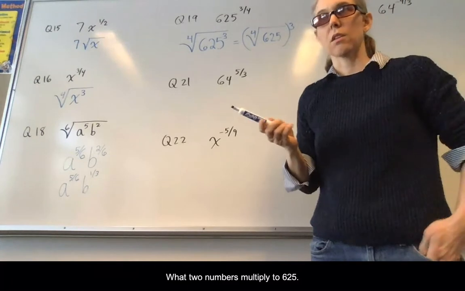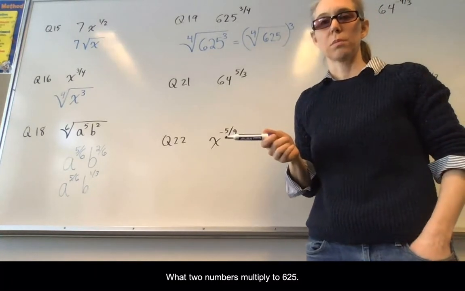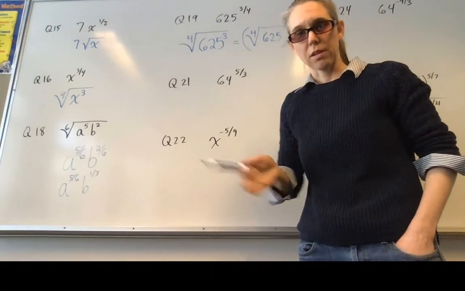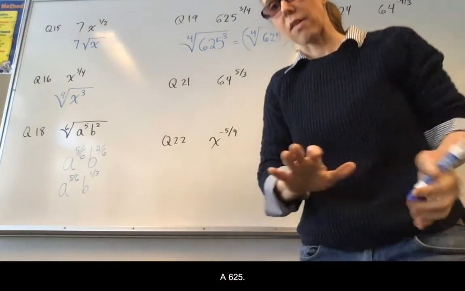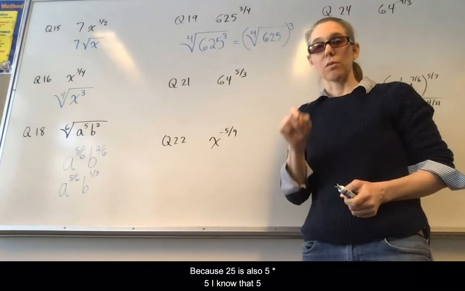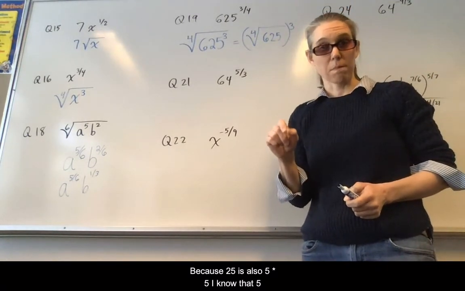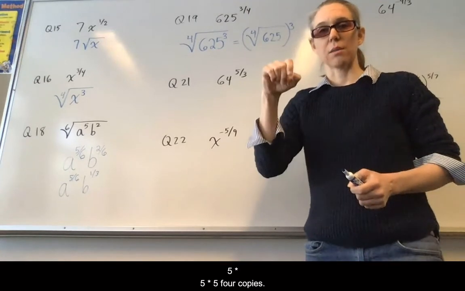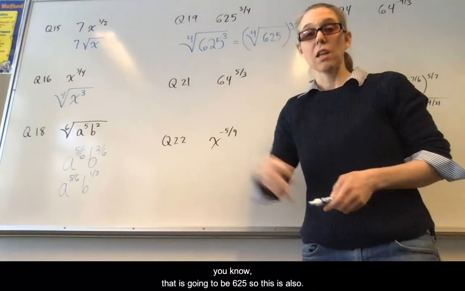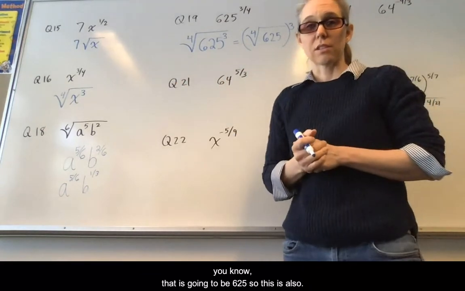So think, though, what two numbers multiply to 625? 25 times 25 is 625. If you didn't know that, that's okay. But because 25 is also 5 times 5, I know that 5 times 5 times 5 times 5, 4 copies of 5 multiplied together, is going to be 625.